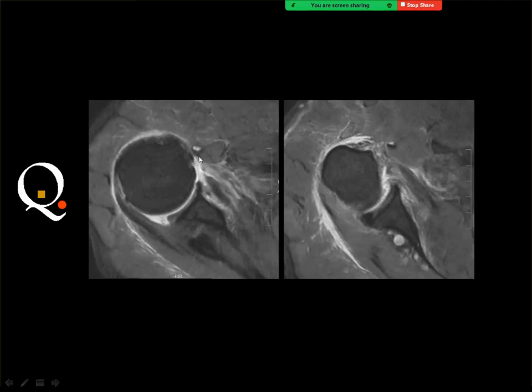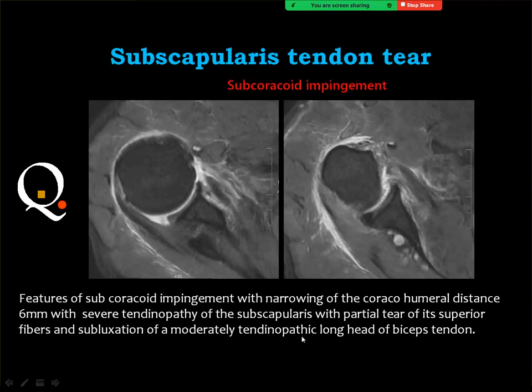Normally, this distance ranges from 8 to 11 millimeters, but here it may be only 2 millimeters, and this is known as a subcoracoid impingement. When the distance between the coracoid and the humeral head is narrow, this is known as subcoracoid impingement, and this is one of the reasonable causes of tear in the subscapularis tendon.